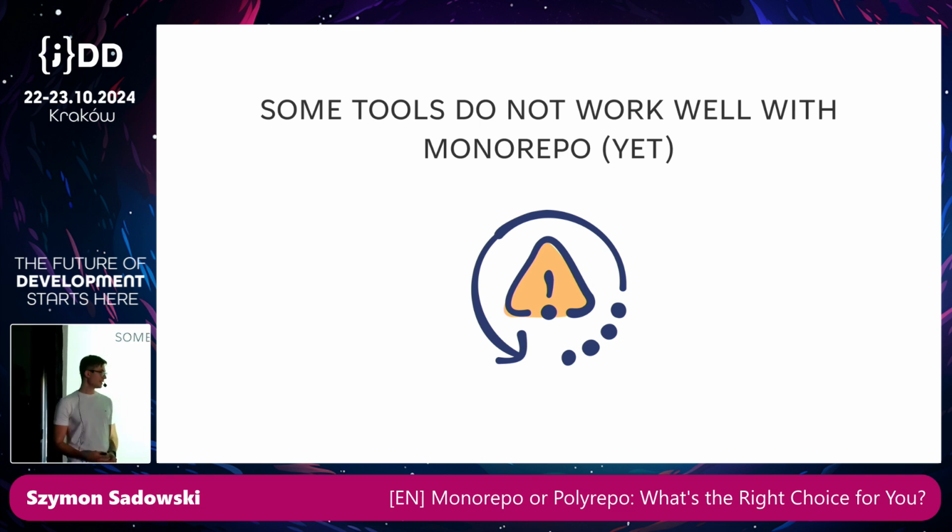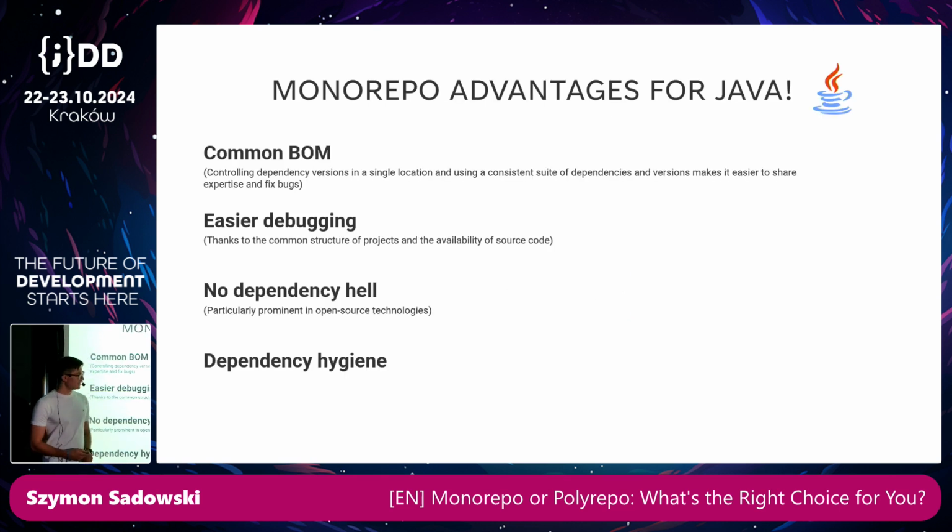But recently we migrated to GitHub, so it's a different situation there. So do your due diligence and research if the tools that you are using are going to be able to work with monorepo.